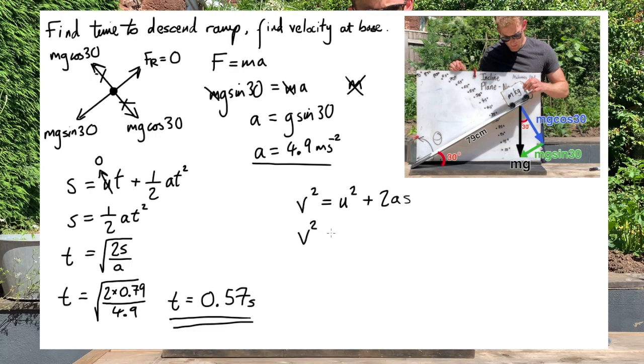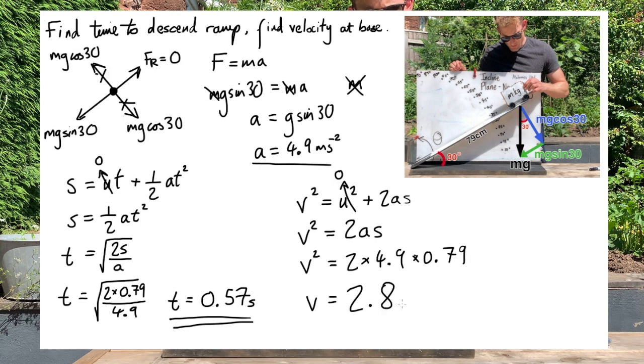So v squared equals 0, u is 0, so u squared is 0. v squared equals 2as, so v squared equals 2 times 4.9. By the way, 4.9 was an exact value, because sine 30 is a half, times 0.79. We then square root it, and our velocity is 2.8 meters per second.